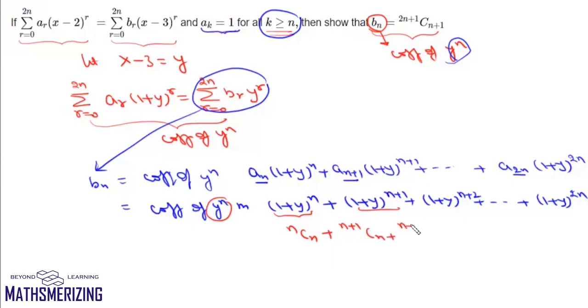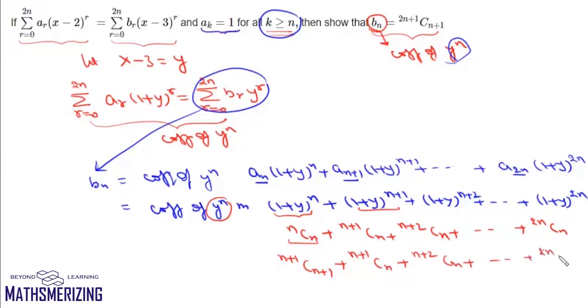Third one it will be n plus 2 Cn, and then finally it will be 2n Cn. Now nCn is 1. So what we can do is we can write this nCn as n plus 1 Cn plus 1, and then it will be n plus 1 Cn, n plus 2 Cn, and 2n Cn.